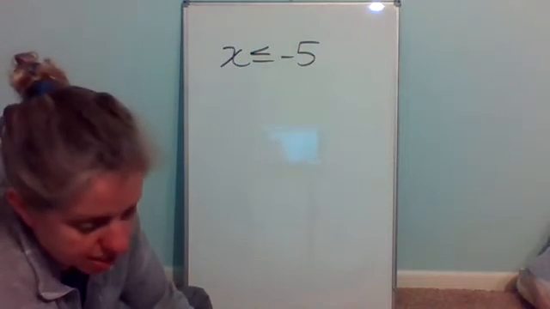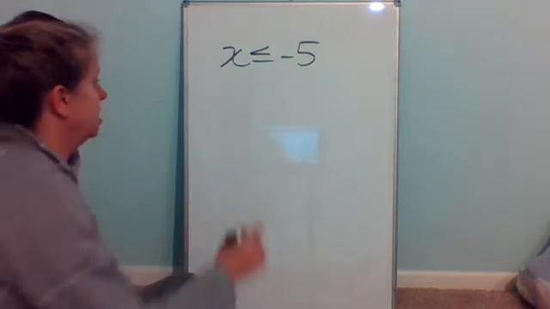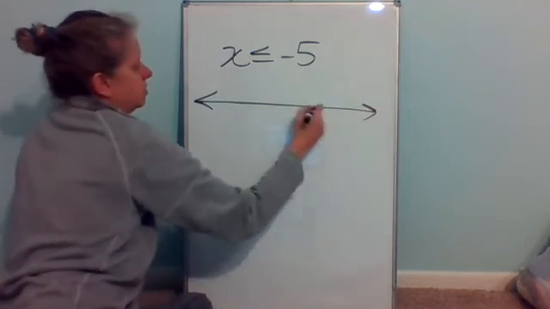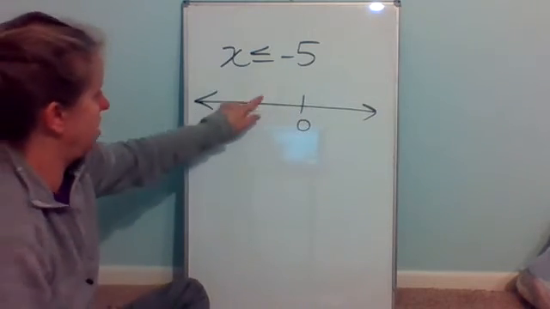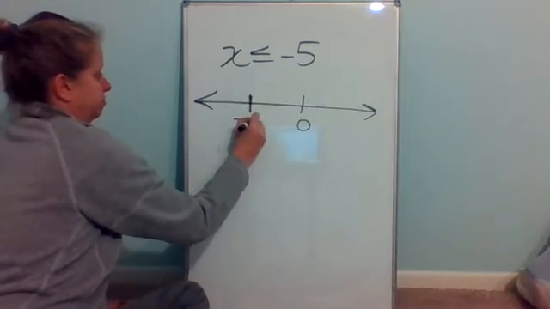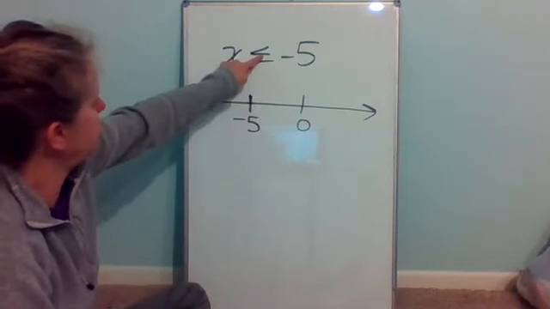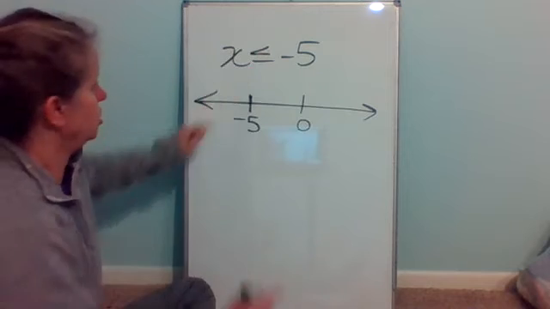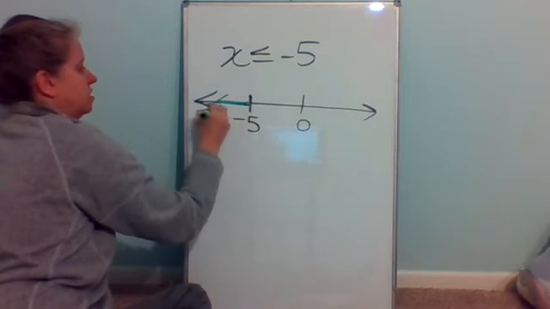So it just wants us to write this interval and then put it in the number line. So again, nothing to solve. The X is already by itself. So if this is my number line, -5 will be over here. Okay, which way does your arrow go? It goes to the left. So just like this arrow, that's the way this arrow will go, to the left.